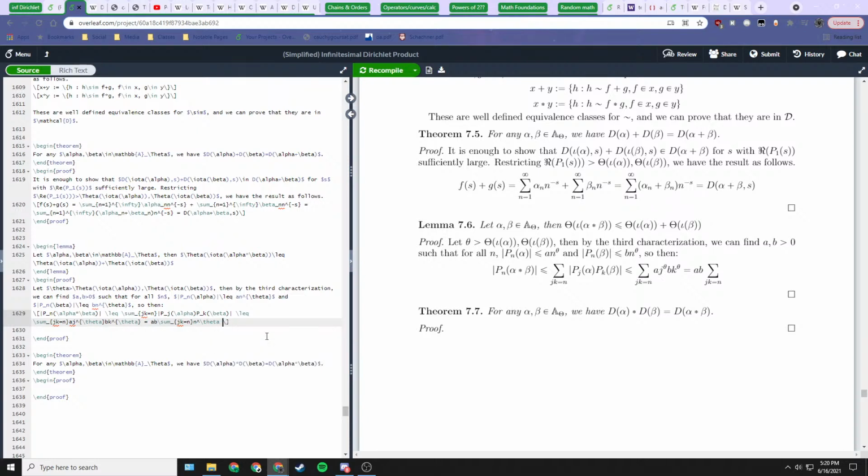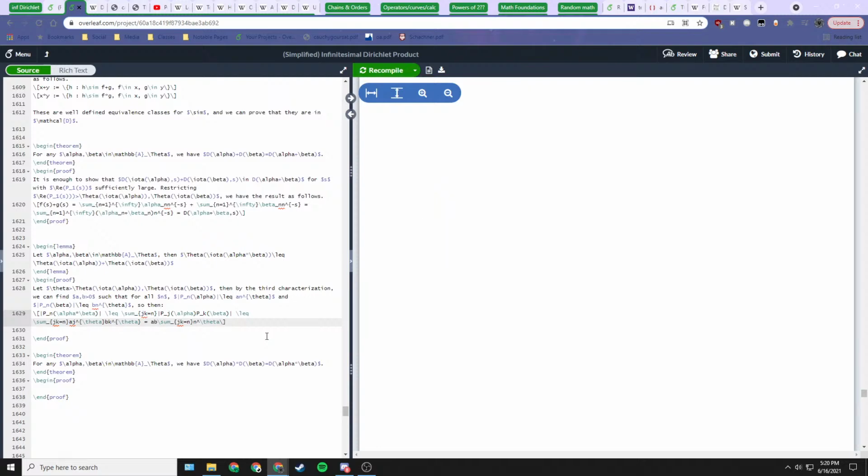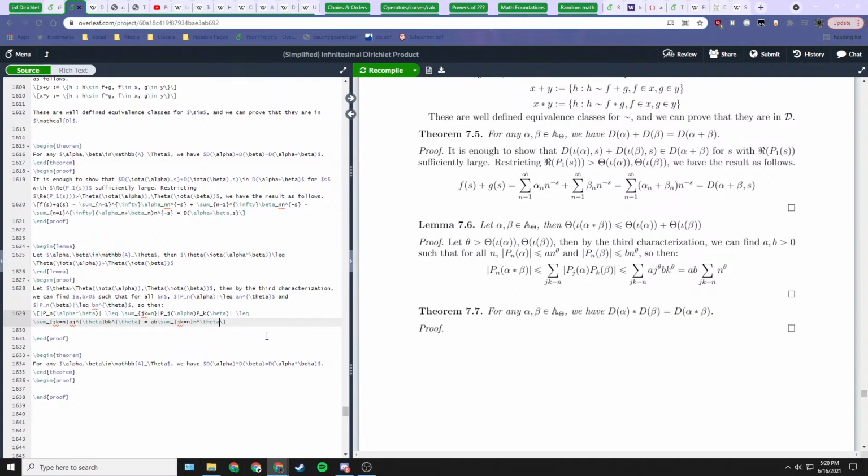And here is maybe somewhere that we should have been thinking ahead. Oh, right, okay. So this is just AB n to the power theta times the summation over JK equals n of just 1, because n to the power theta is independent of J and K. Right.